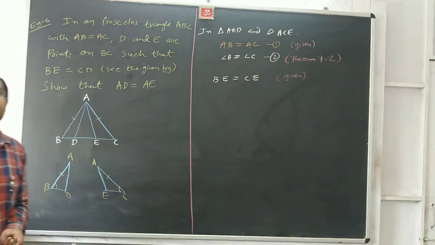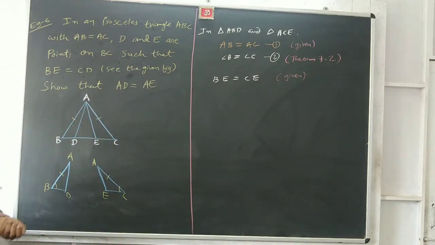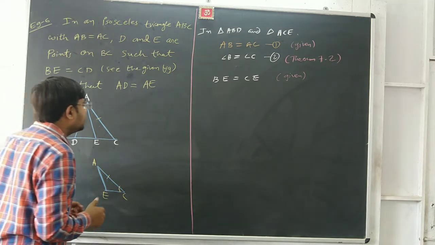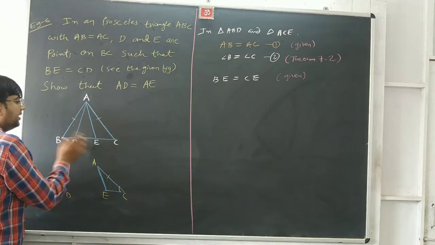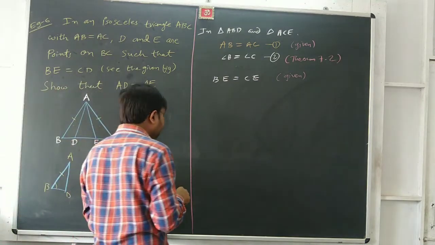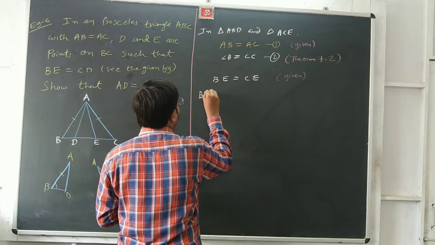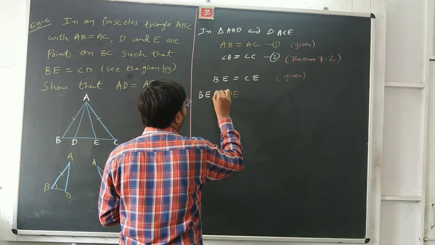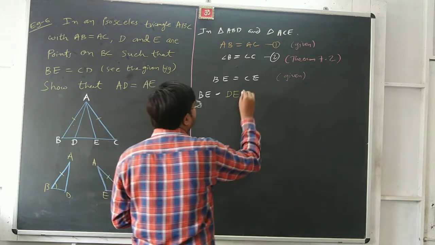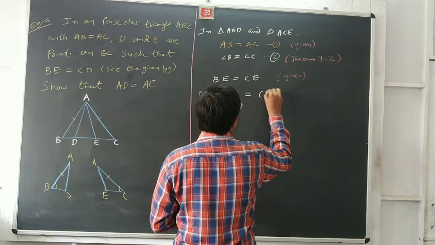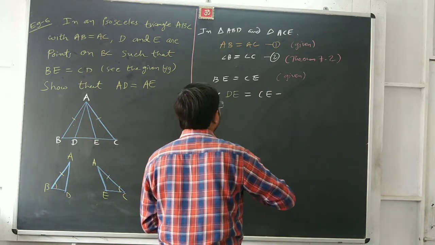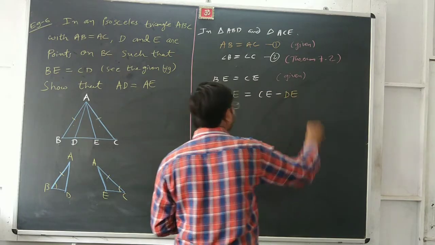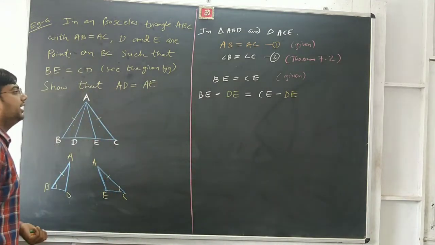We know from chapter number 5, Euclid's axiom, that we can subtract and also add on both sides. So I can subtract D from both sides. So I can write BE minus D is equal to CD minus D. Okay.